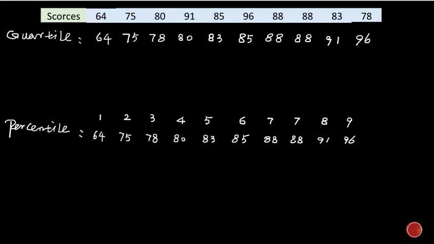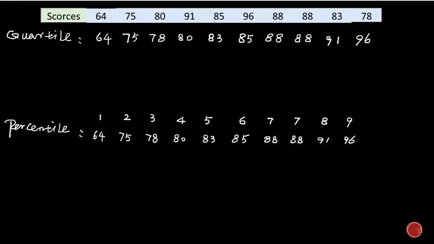How to find them? The first step is to reorganize the original data set. We put the data in ascending order from smaller to bigger. First, we find this data set's median. How to find the median? The middle value of the data set.